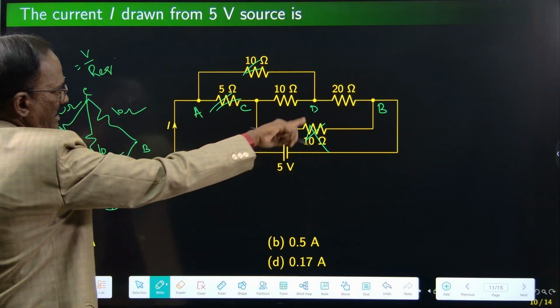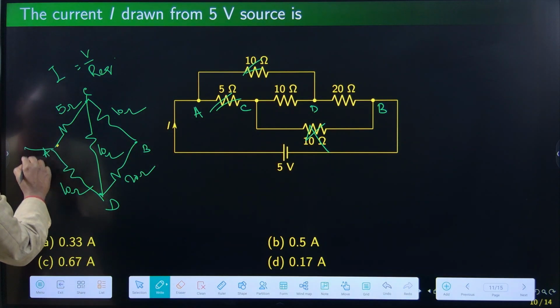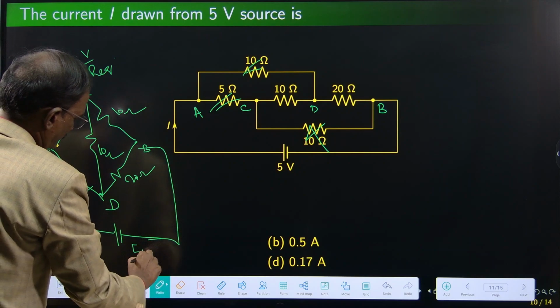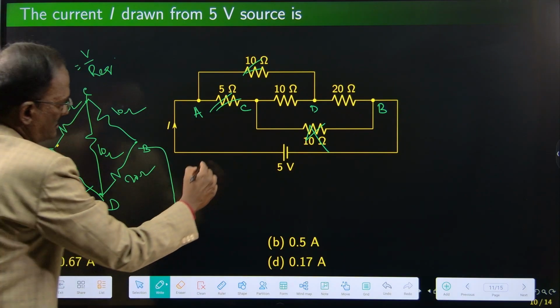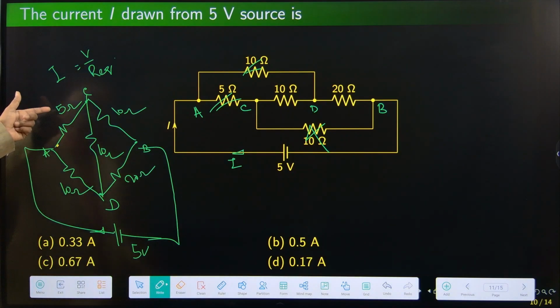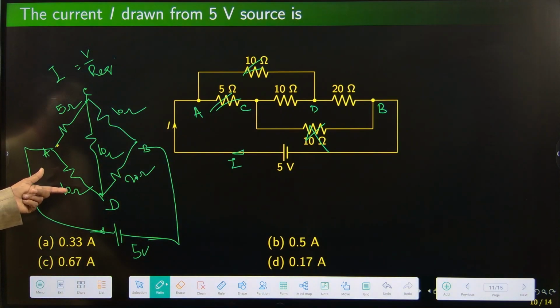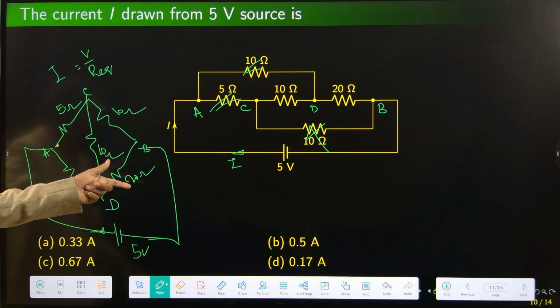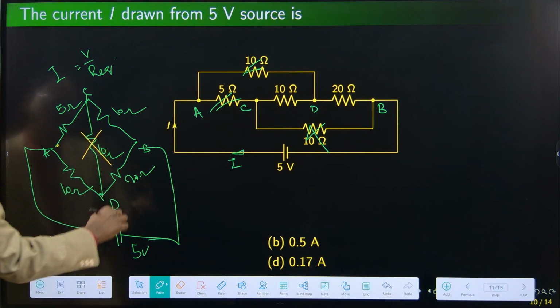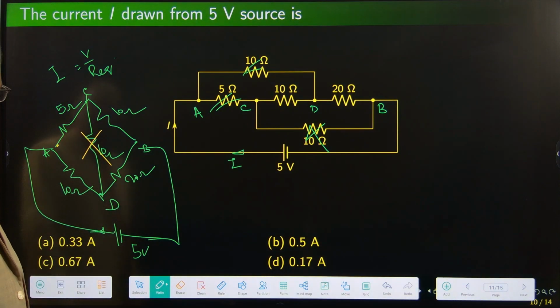Then between A and B 5 volts. So to find this current I, we need the R equivalent. 5 divided by 10 is 1 by 2, 10 divided by 20 is 1 by 2, balanced. So this particular resistance can be easily removed.